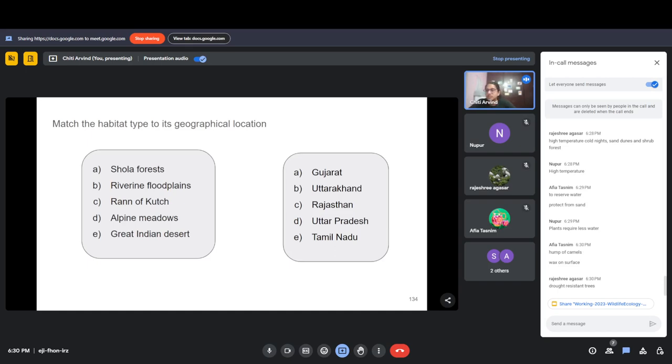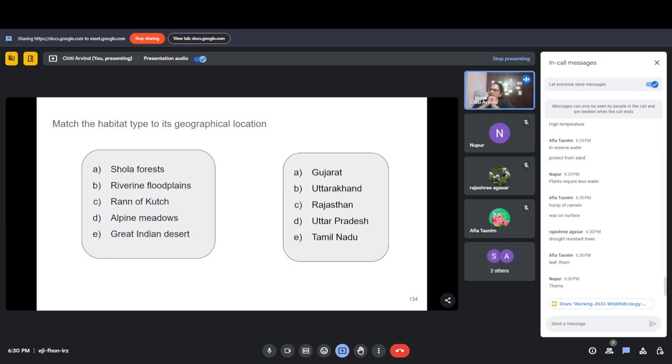Wax on surface, drought resistant trees, some other modifications, thorns, etc. Right? So they have so many modifications that help in basically conserving a lot of water, right? Because that's the greatest thing.